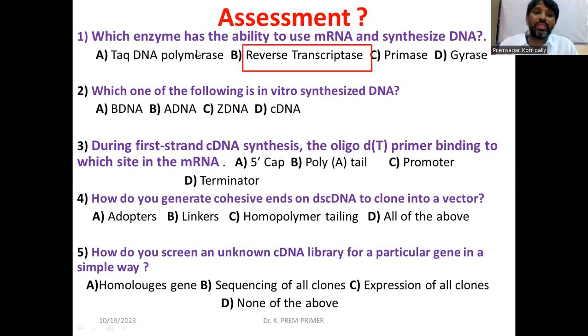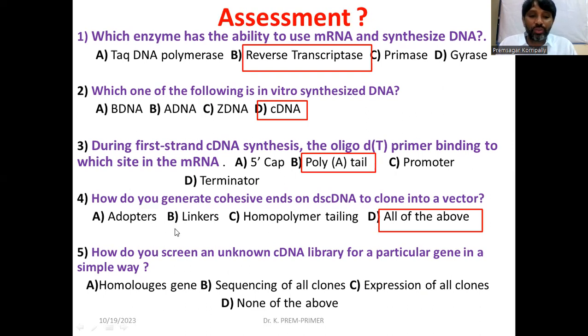The first, which enzyme has the ability to use the mRNA and synthesize the DNA? That's reverse transcriptase. Which one of the following is in vitro synthesized DNA? cDNA is an in vitro synthesized DNA, not bDNA, aDNA, or zDNA. They are different forms of DNA. They're naturally present. Oligo-dT primer binds to the poly-A tail of mRNA, right? How do you generate cohesive ends on the double-stranded DNA to clone into a vector?